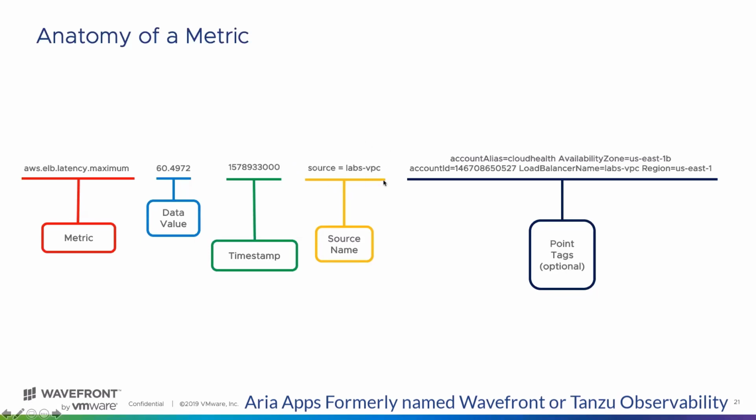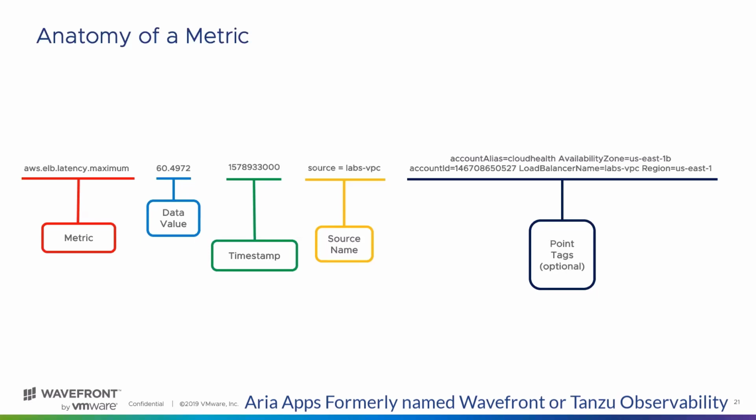Wavefront does have a similar concept that we call source tags. So you can add tags to these sources, and you can then use those tags in your query filters, and you can use those tags on any metric that source is emitting.